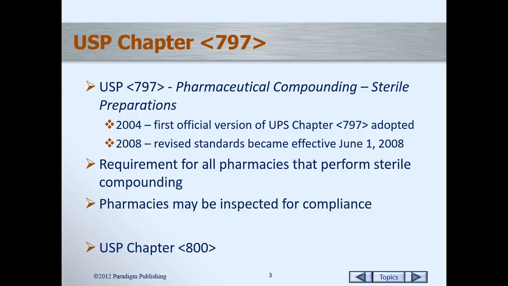Now, USP 797 is about the sterile compounding preparations, so it's about the pharmacy, with the exception of the immediate use risk level component. It's really the pharmacy is the only one involved with 797. USP 800 is different because it's anyone who handles any kind of hazardous drugs. And hazardous drugs may include other drugs other than chemotherapy agents.